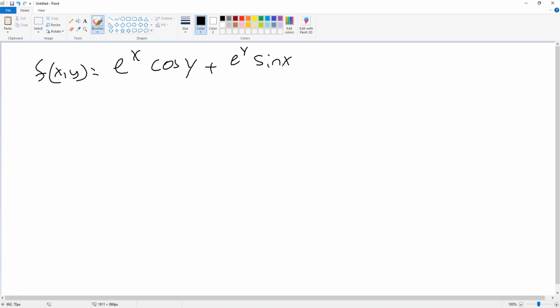Let's tackle that one. What are we supposed to do? I'm always going to change between Newton's and Leibniz notation, so you've got to get used to both of them at the same time.